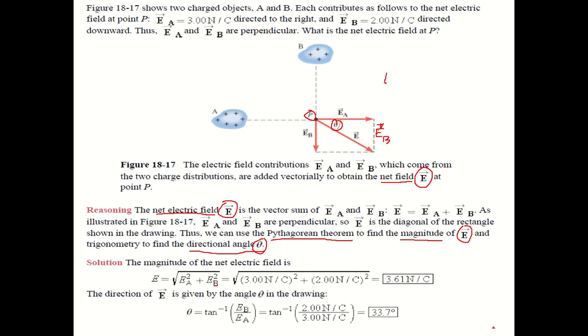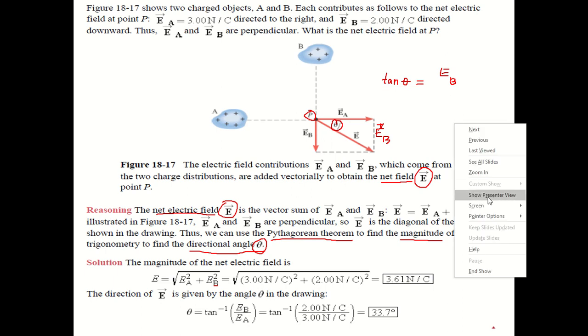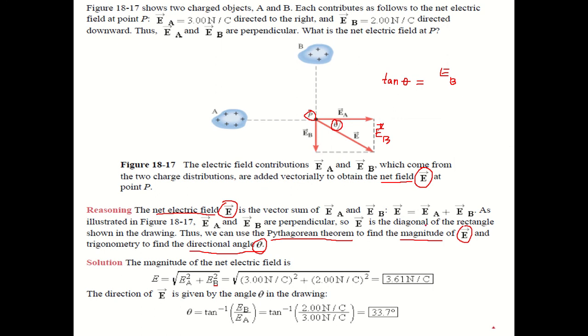From trigonometry, the tangent of the angle theta is equal to the opposite, E sub B, divided by E sub A. From here, just take the inverse tangent, so you get theta.